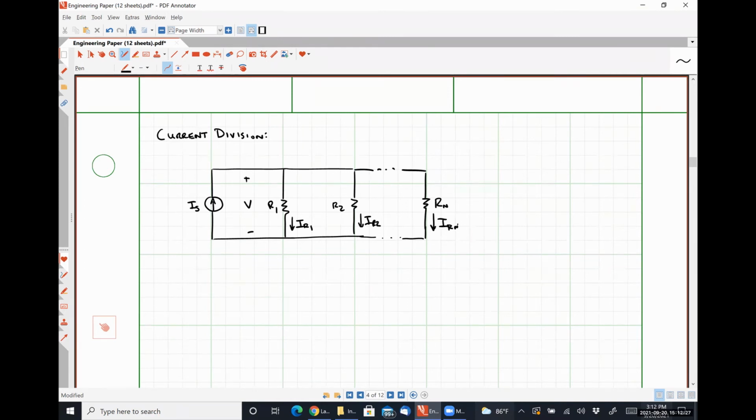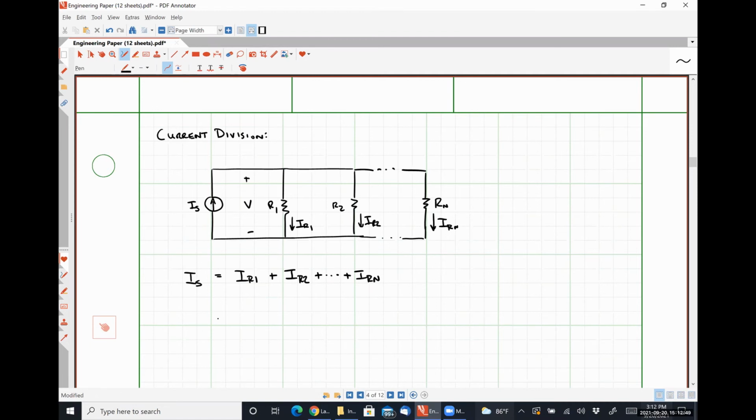So if we apply Kirchhoff's current law, we could see that our source current IS is equal to IR1 plus IR2 plus IRN.